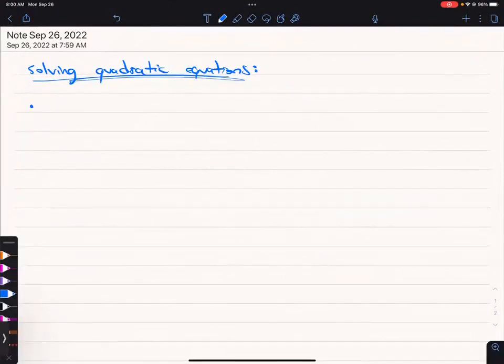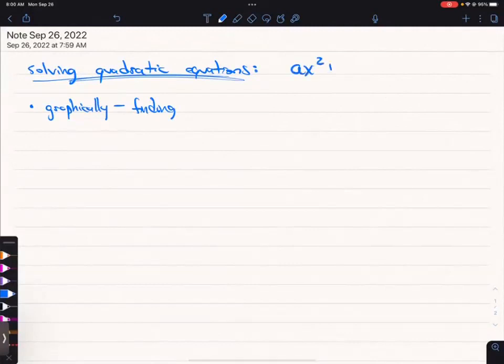One way that we can think of that is sort of graphically. Let me put maybe an example, just a generic thing. If I'm trying to solve something like x squared plus bx plus c equals 0, there we go.